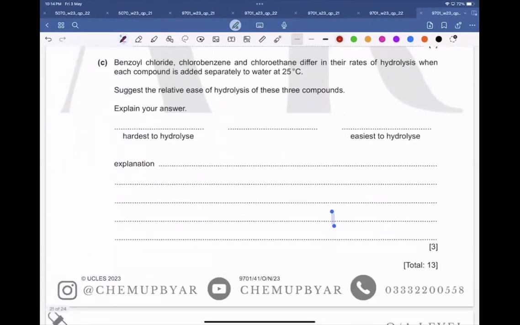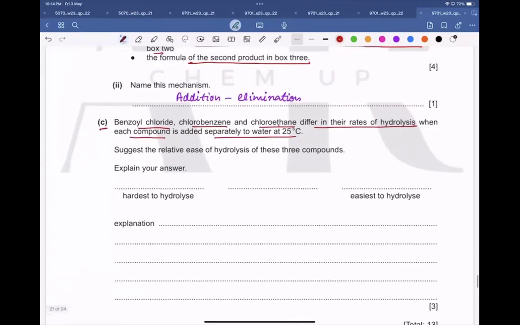Now, see, benzoyl chloride, chlorobenzene, and chloroethane differ in their rates of hydrolysis when each compound is added separately to water. If you recall, benzoyl chloride is a benzene ring with a C double bond O and Cl.